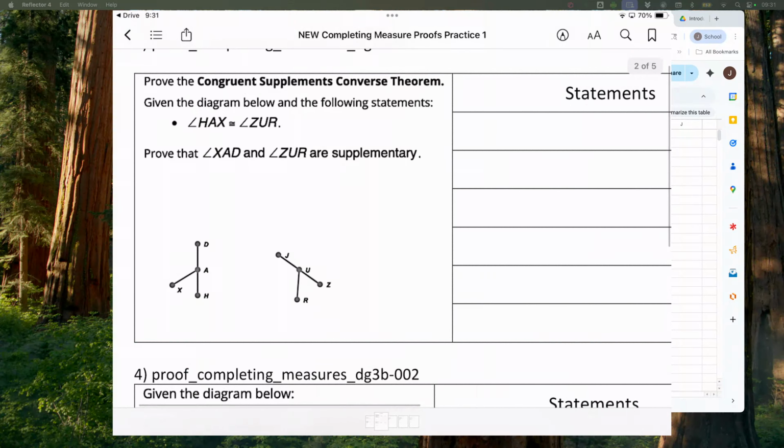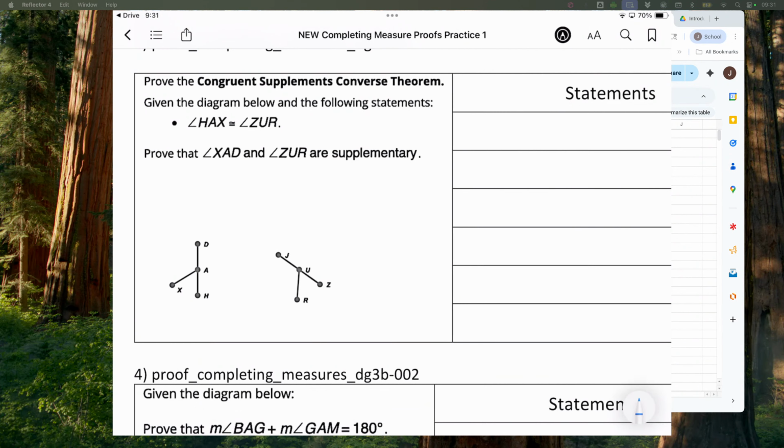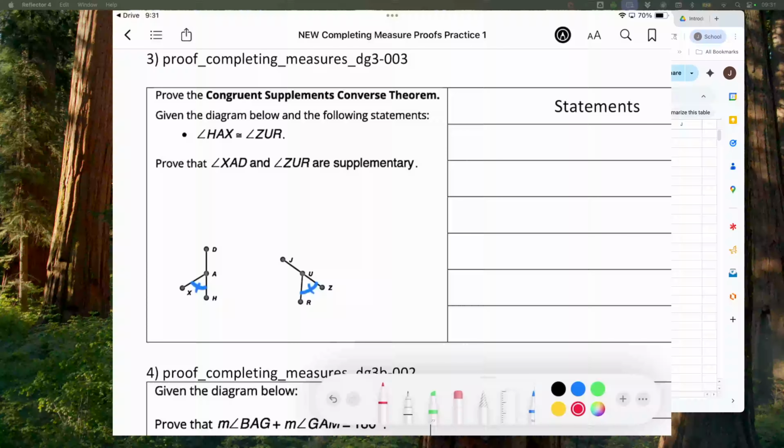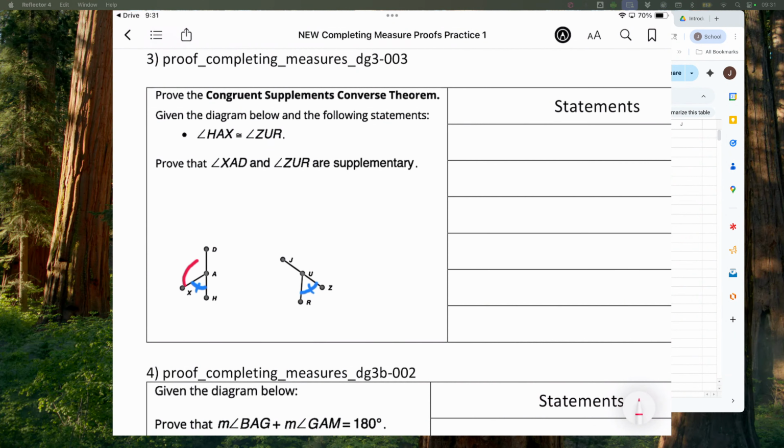Let's see. We are given that HAX is congruent to ZUR. So I'm going to mark that on my figure. HAX is congruent to ZUR. We are going to try to prove that XAD and ZUR are supplementary. So what we want to prove is that this one and this one are supplementary.